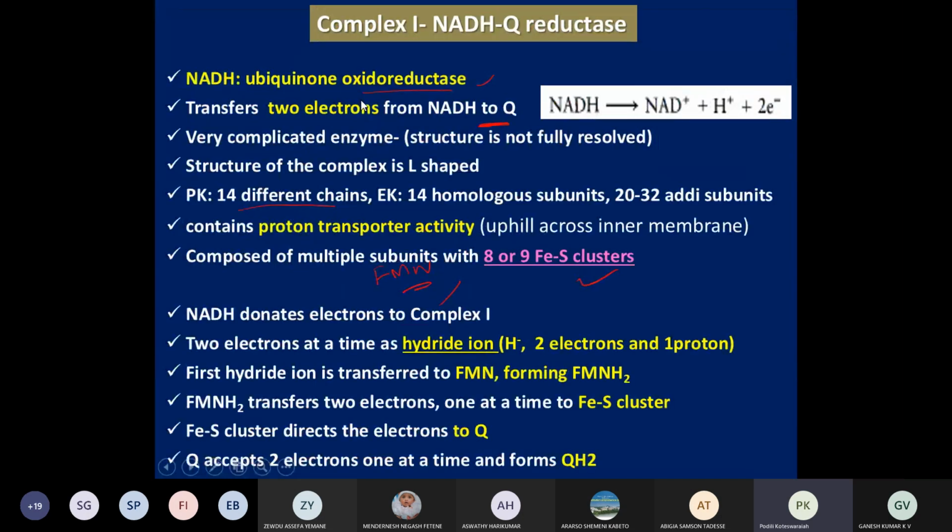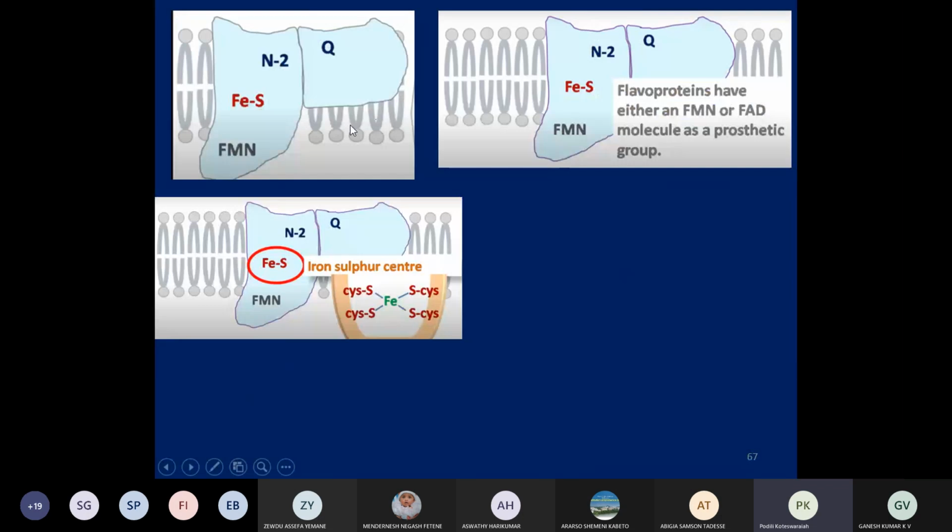The structure of this enzyme is L-shaped. You can see here the L-shaped structure, with a membrane-bound compartment consisting of multiple subunits, which has the proton transporting activity. The larger subunit projects into the matrix side.